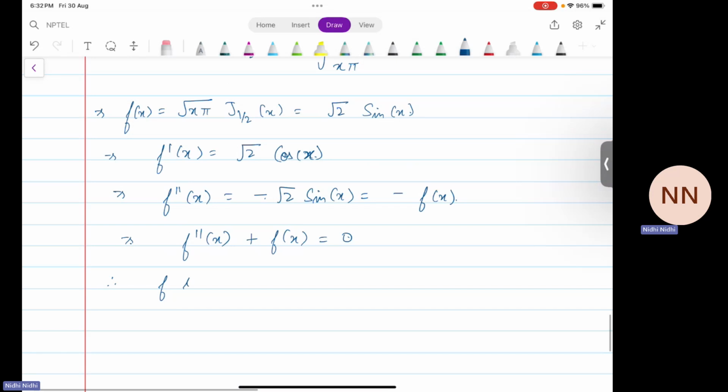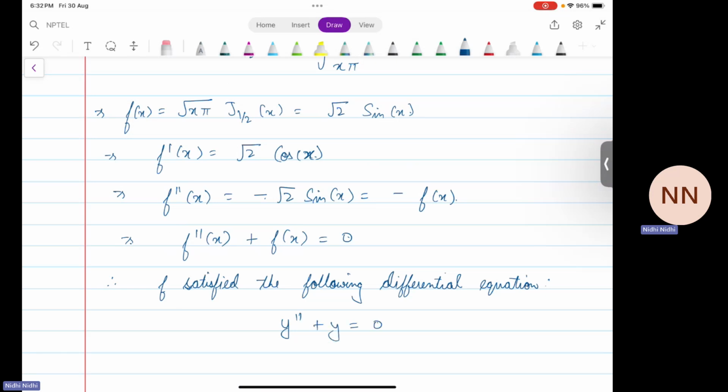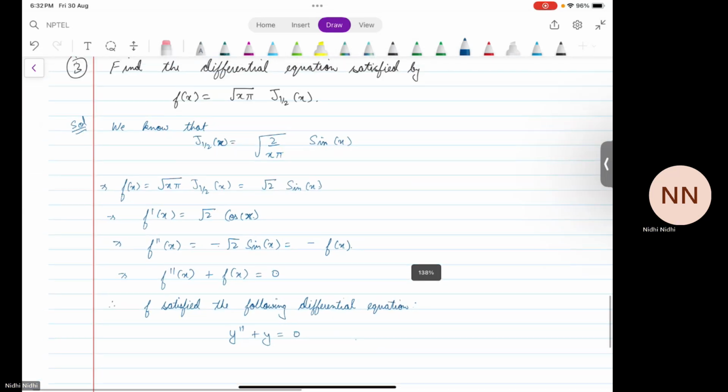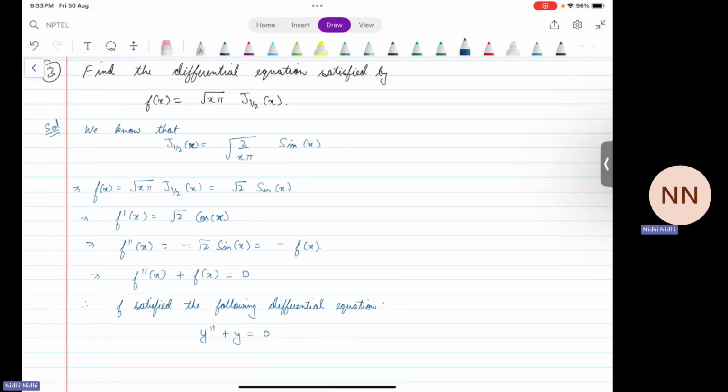Therefore, f satisfies the following differential equation, which is y'' + y = 0. I don't think there were many technicalities in this question. Just go through it once again.